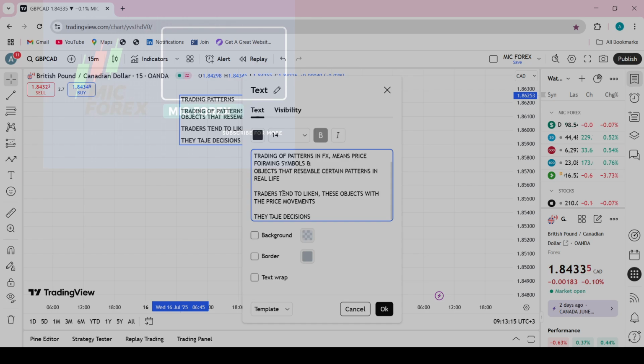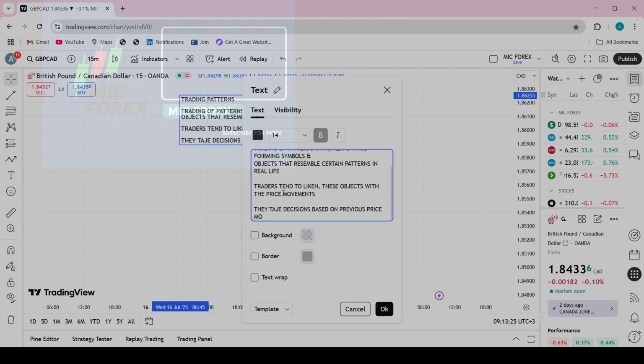Another trader takes decisions based on previous price movements, or price activities, price actions. I think that is a correct word there. They take decisions based on previous or historical data.